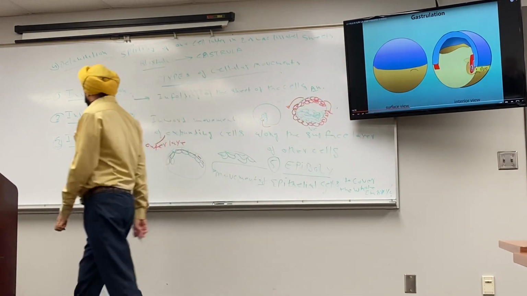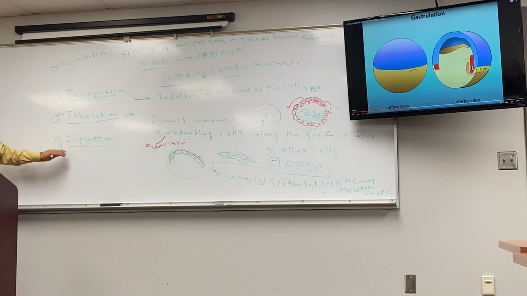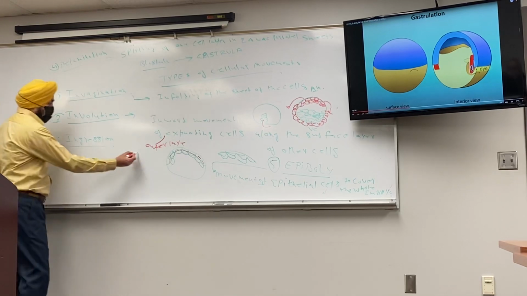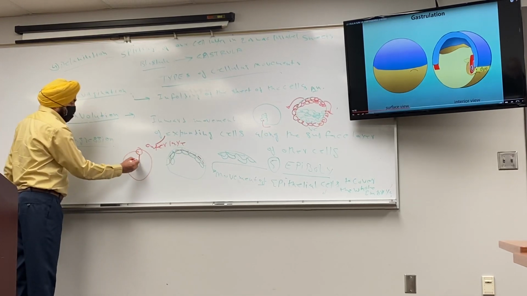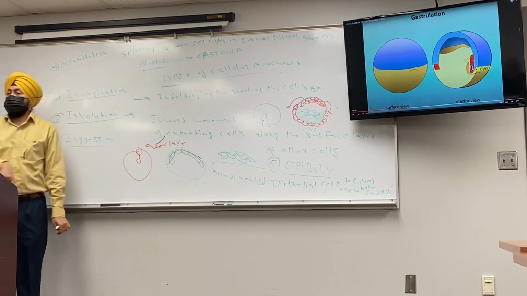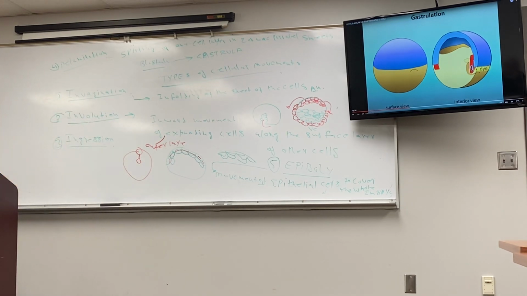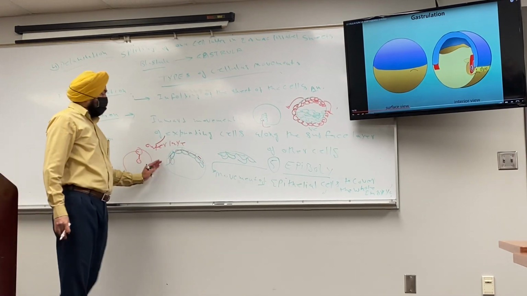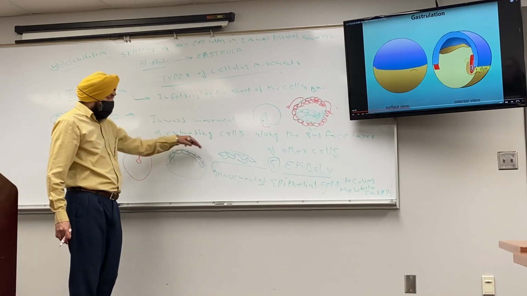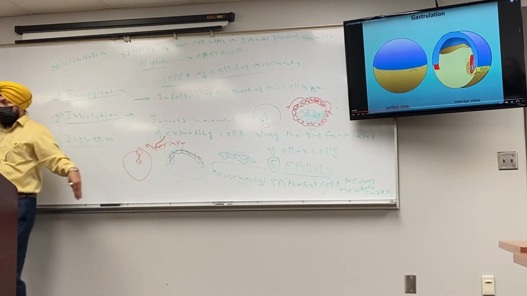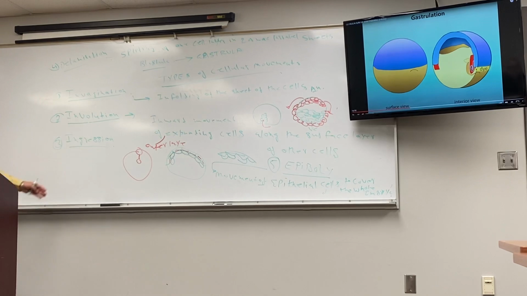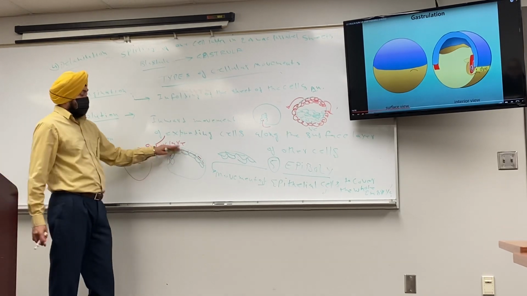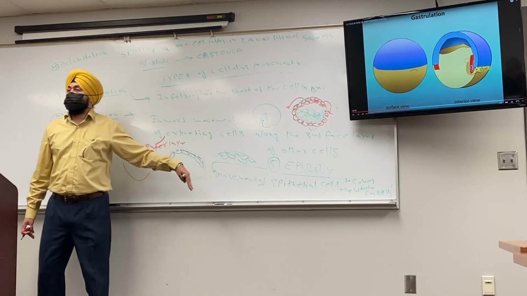Now, the next movement can be ingression. Ingression is where, out of these cells, one cell splits and gets inside the embryo. Then we have delamination. Delamination is essentially the whole cell layer splitting into 2 or more layers. That happens because these cells divide and create another layer beneath those cells.